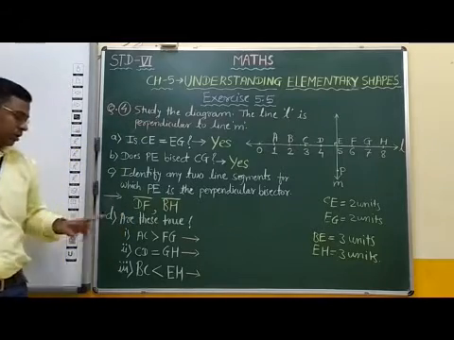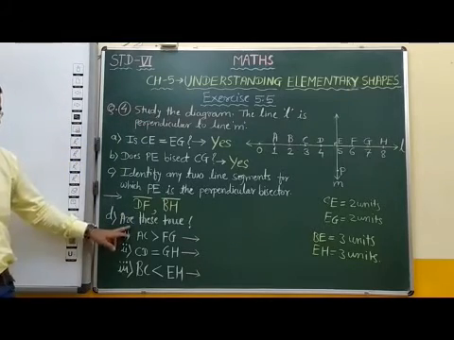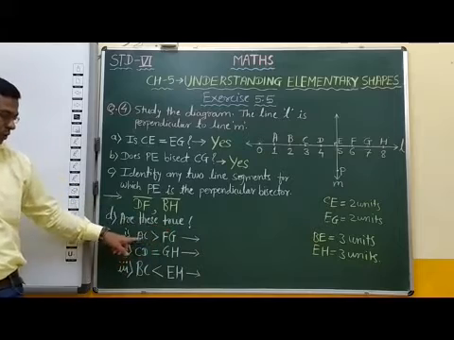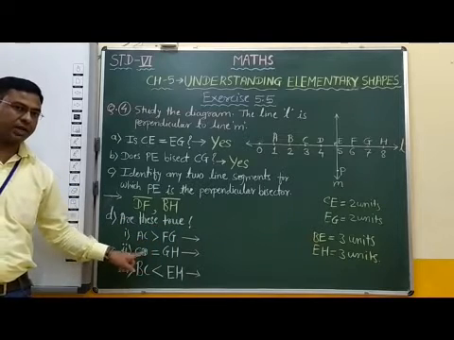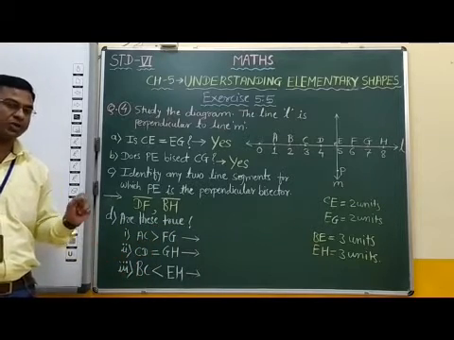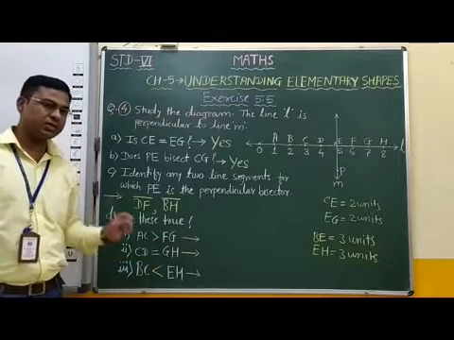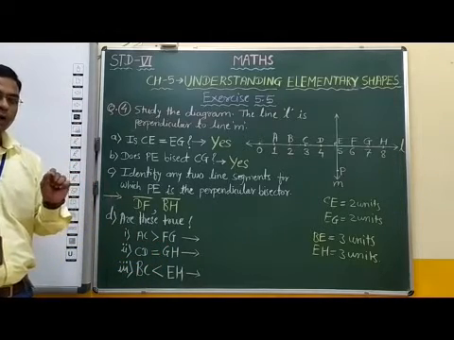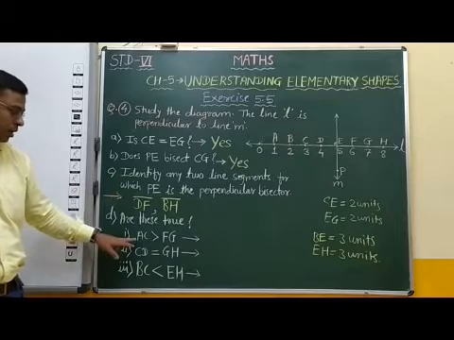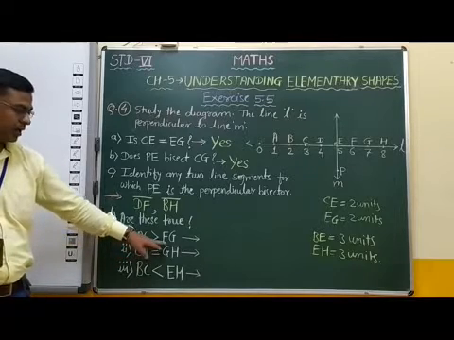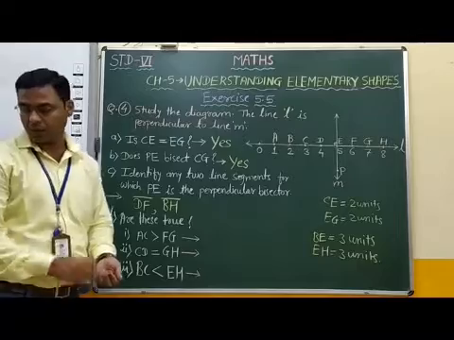Now, question D. Here, 3 conditions are given, and we have to check whether these conditions are true or false. First, AC is greater than FG.